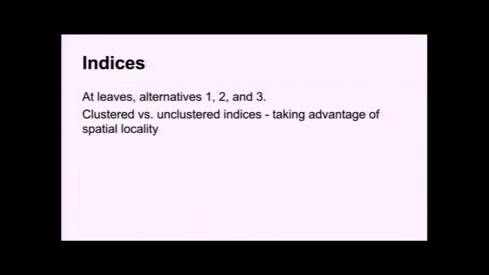Now, if you have many records with the same column value, then these are going to be different entries in an alternative 2 index. In an alternative 3 index, this information is compressed. All the entries with the same value are going to be associated with that value, and you'll have something like the postings list that we talked about in text search engines.